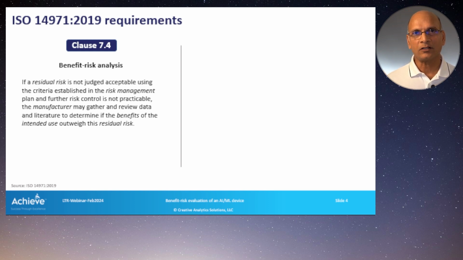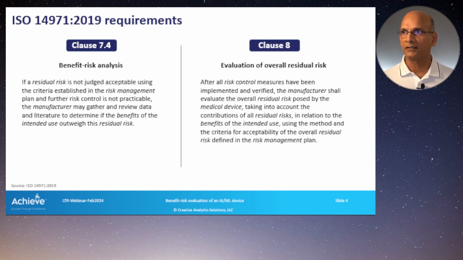So this is kind of an optional provision in 14971. You may choose to use it if one or more of the individual residual risks are still not meeting your acceptability criteria. But we're not going to talk about the individual residual risk benefit risk analysis today. We're going to focus more on clause 8, which is evaluation of overall residual risk.